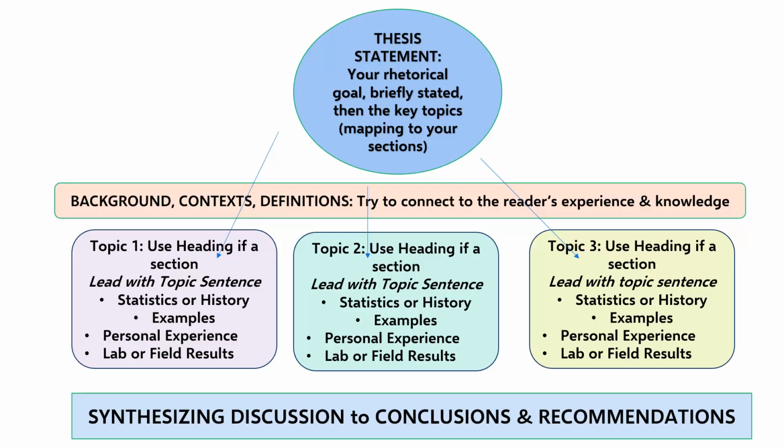But then if you really want to keep the reader's interest, make sure that you understand your audience and then try to connect to the reader's own experience and knowledge. And then flow to the topics. And the reason you'll have backgrounds, context, and if necessary, definitions.